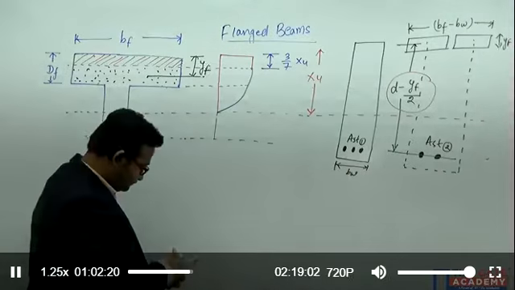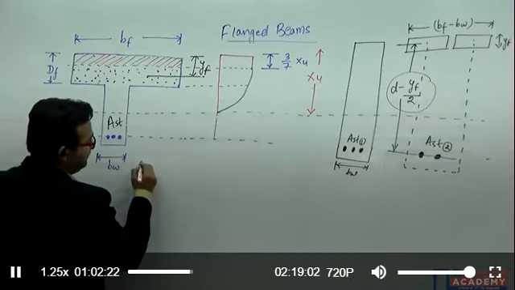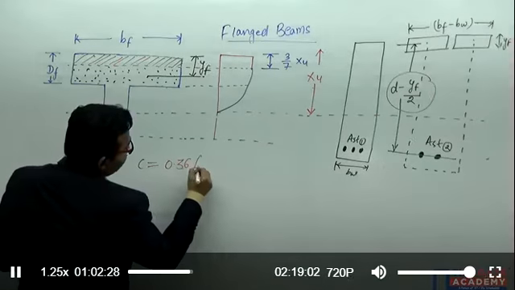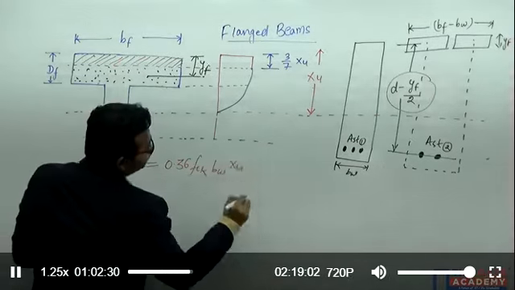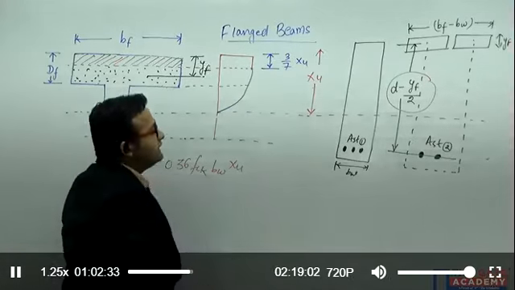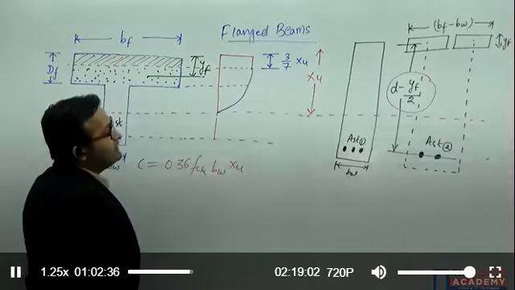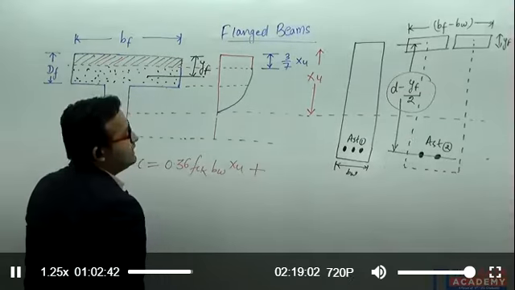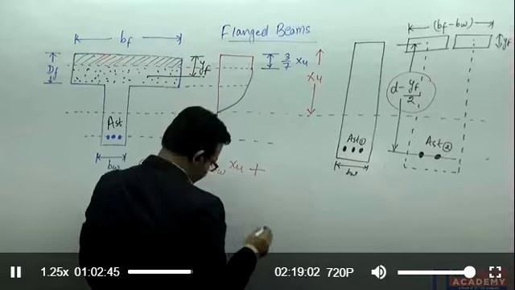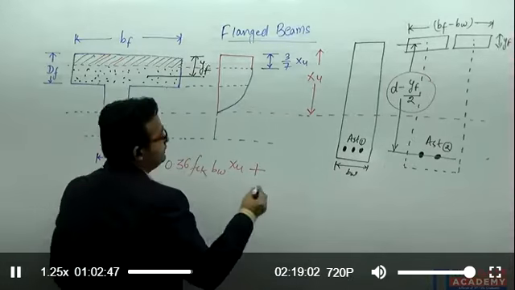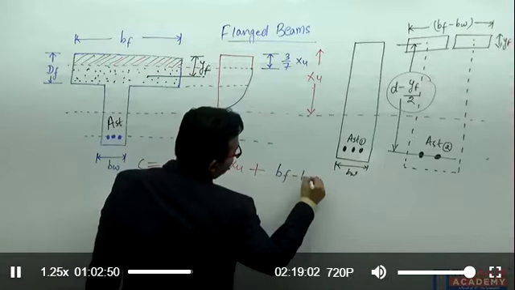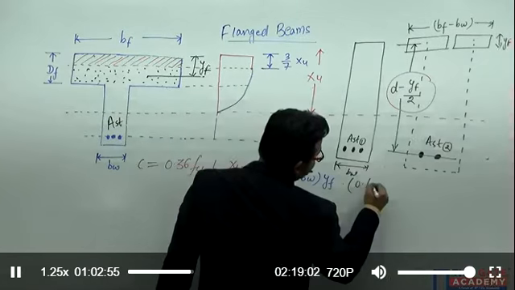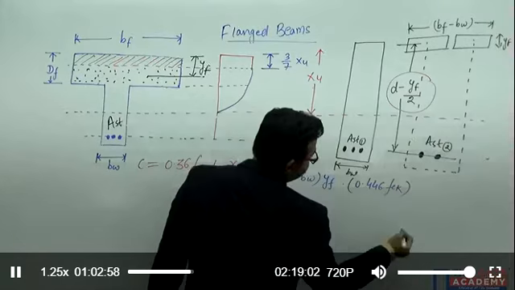Can I write the total compressive forces here? The total compressive force C equal to 0.36 FCK BW into XU for this figure. Now for this figure, the total compressive force given by the equivalent flange portion is equal to total area, BF minus BW into YF, into the stress in the concrete, 0.446 FCK.